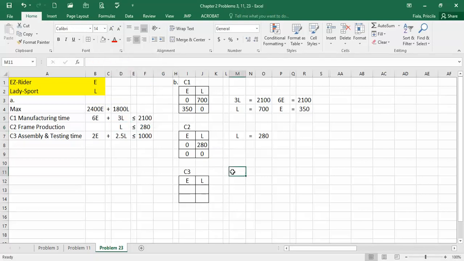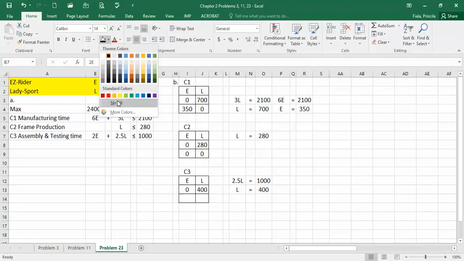Okay. For the third constraint, we're going to set this value to 0. So we're going to do 2.5L equals 1,000, and L equals 1,000 divided by 2.5. So when E is 0, L is 400. And now we're going to do the other side.